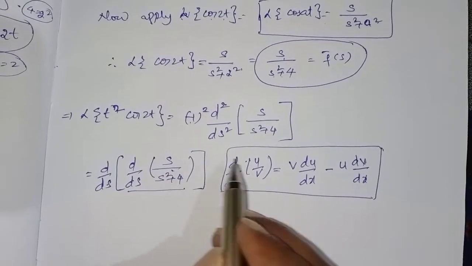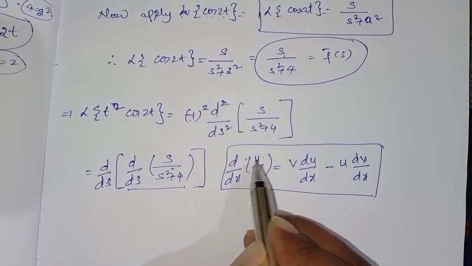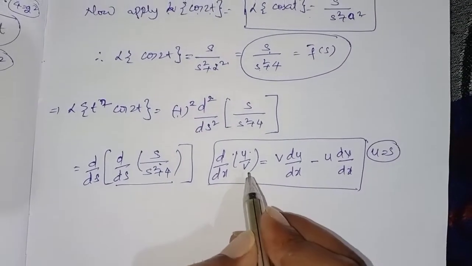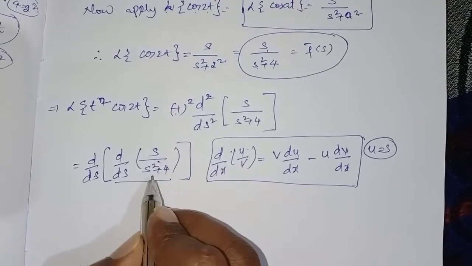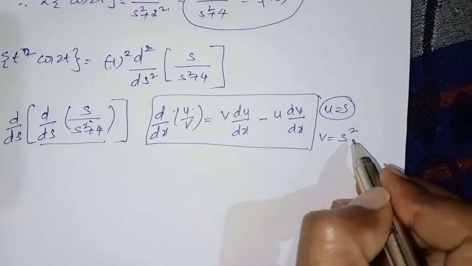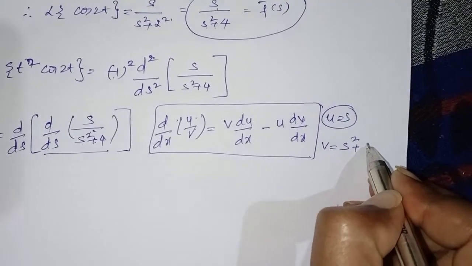If we compare these two, here the numerator is u, here it is s, so u is equal to s, and the denominator is v, here it is s square plus 4, so v is equal to s square plus 4.